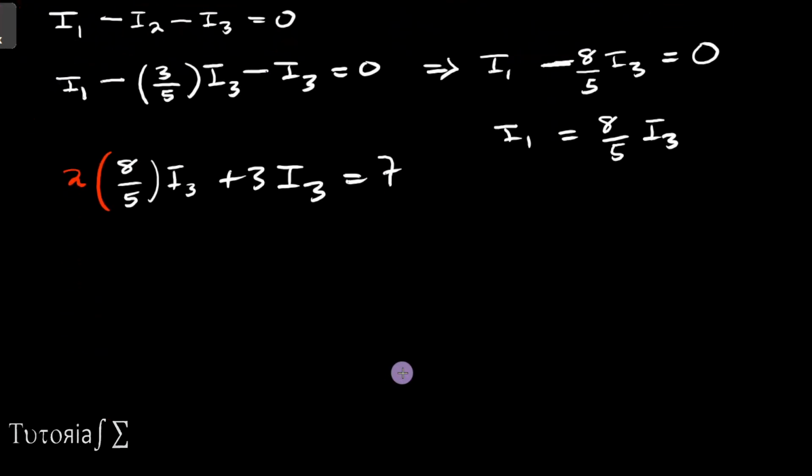Let's simplify that. So we're going to have 16 over 5 I3 plus 3I3 equals 7.